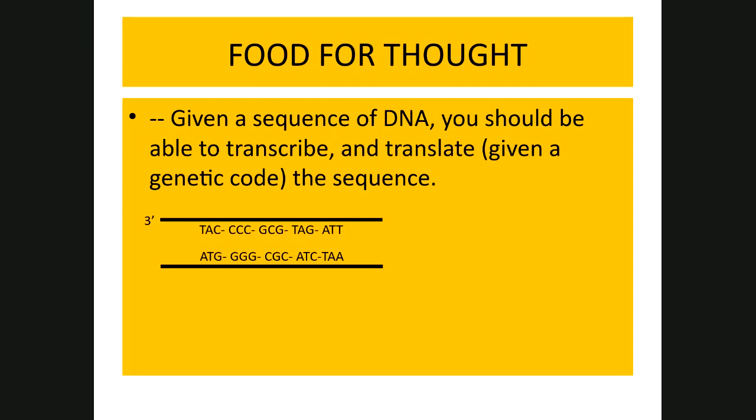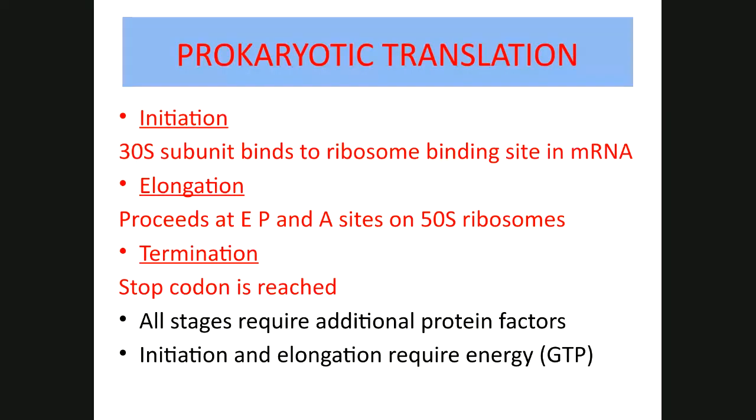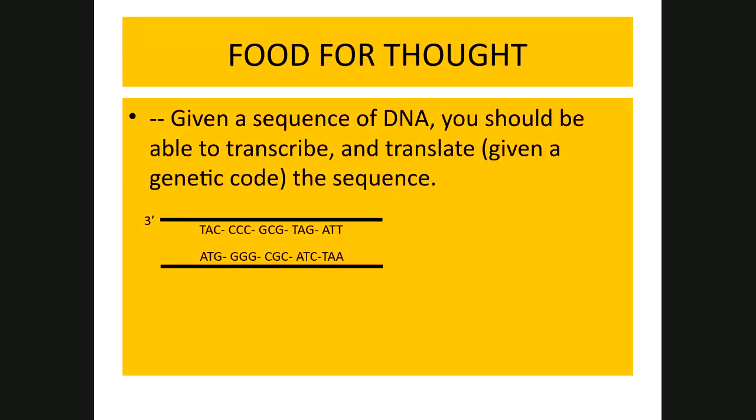So you will be given a sequence of DNA, and you will be asked to transcribe and translate that sequence of DNA. In this particular example, this end is 5 prime, and this is 3 prime.